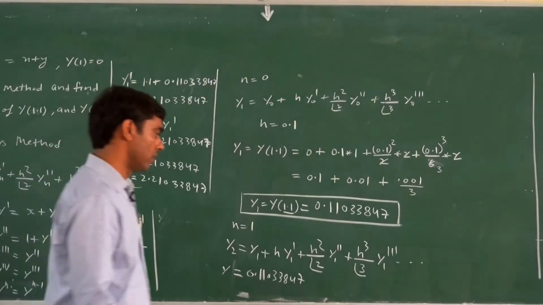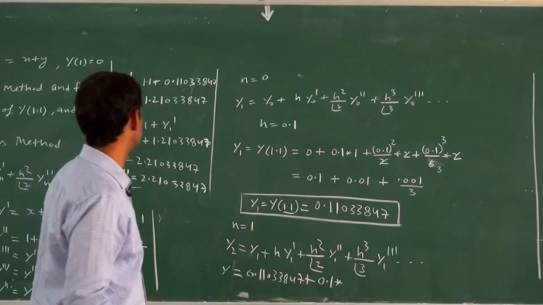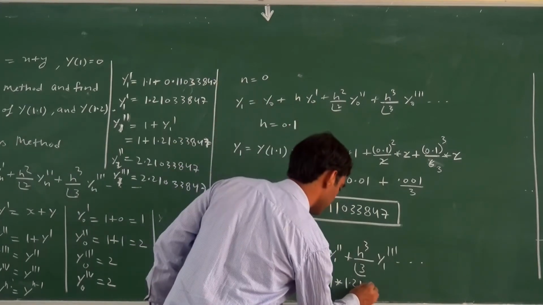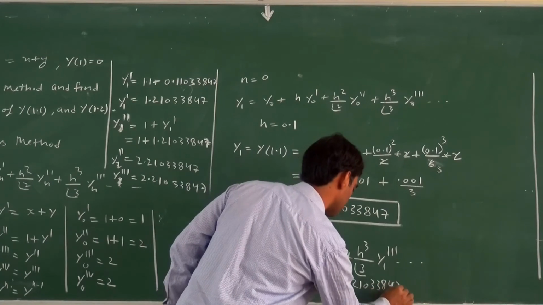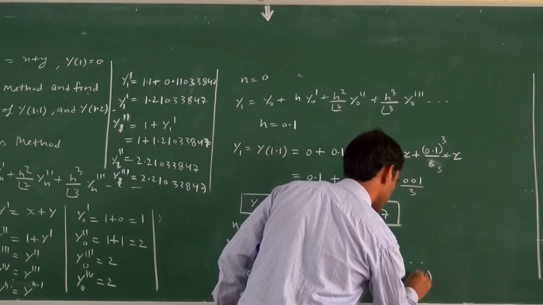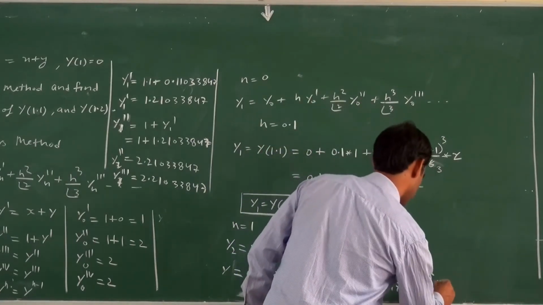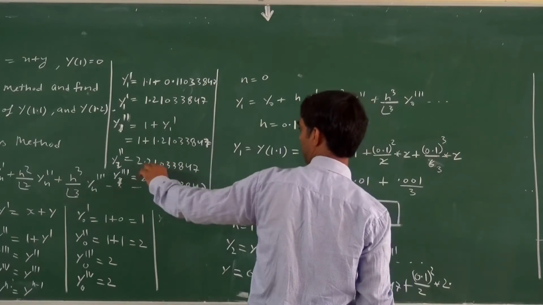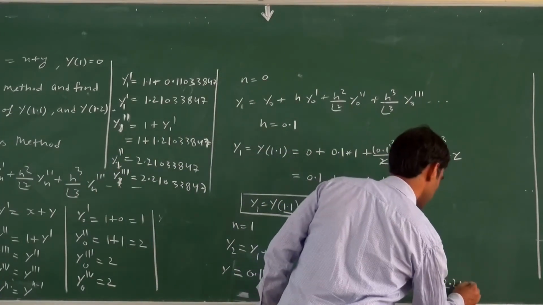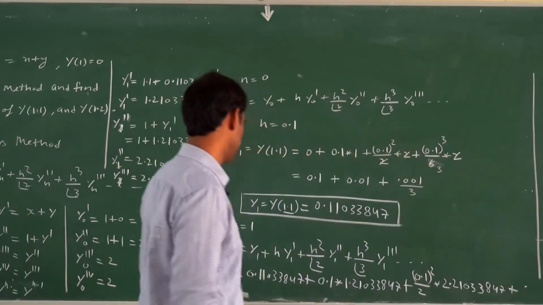What is the value for h? h is 0.1 into, what is the value for y1 dash? y1 dash is 1.210330847, plus h square, 0.1 square by 2, into y1 double dash. y1 double dash is 2.210338847. Similarly, we write the fourth term after simplification.